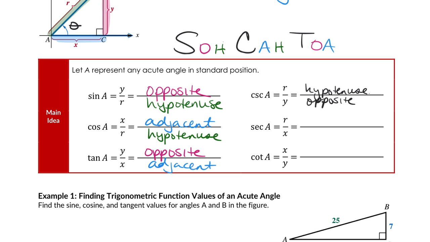Secant is going to be the hypotenuse over the adjacent. And cotangent is going to be the adjacent over the opposite. Again, I'm just flipping those fractions the same way we flipped them when we were using x, y, and r to define our trig functions. Now we're going to put them in right triangles, so we look at right triangle trigonometry.